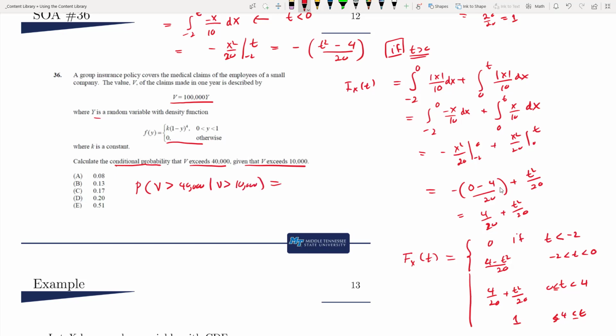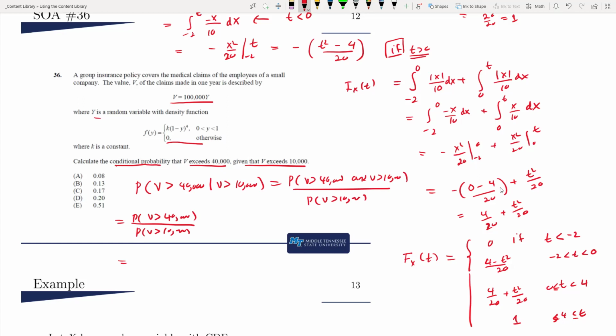If I use conditional probability, this means probability V more than 40,000 and V more than 10,000, divided by probability V more than 10,000. That is basically probability V more than 40,000 divided by probability V more than 10,000.